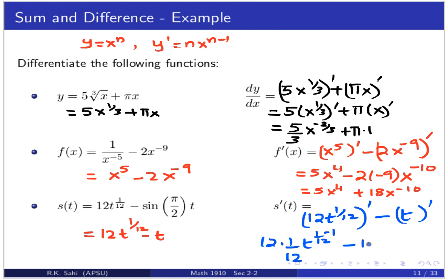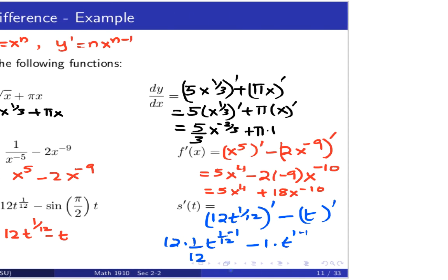So it's basically 1 times t to the power 1 minus 1. Okay, so what are we getting here now? The 12 and the 1/12 cancel out in the first expression. You're left with t to the power 1/12 minus 1. I'll let you do the algebra. It's negative 11/12. And t to the power 0 is 1, so it's minus 1.